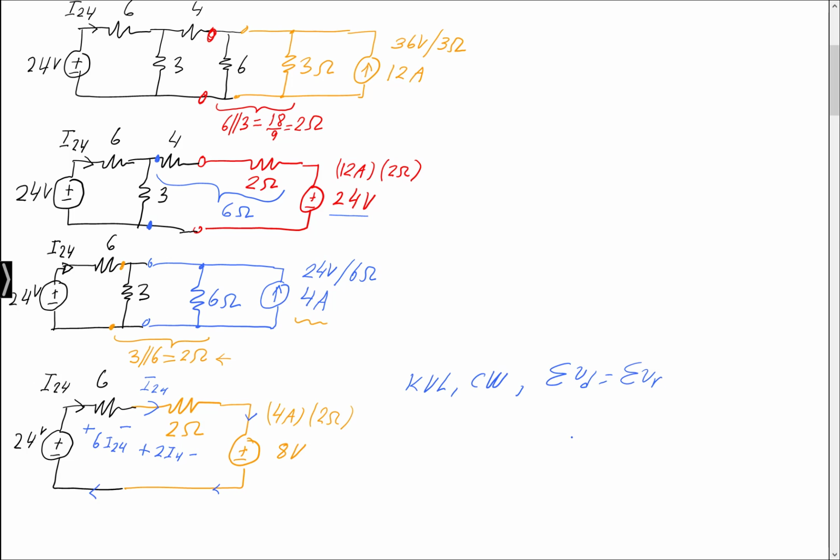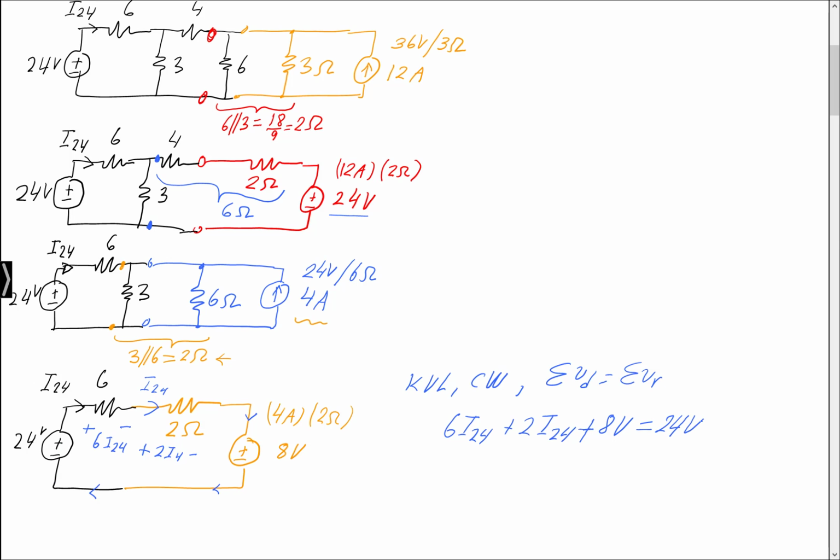So if you look over here, what are the drops? Well, if I go clockwise, 6 I-24 is a drop, 2 I-24 is a drop, and these are all in volts, 8 volts is a drop, and that equals the rises, and 24 is a rise.